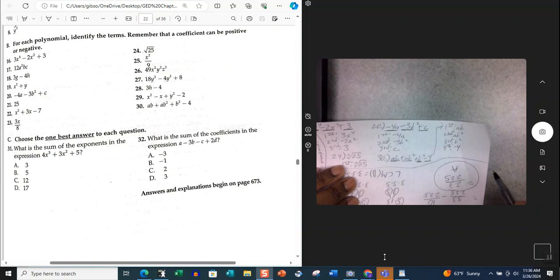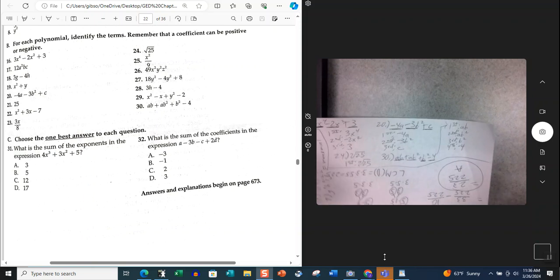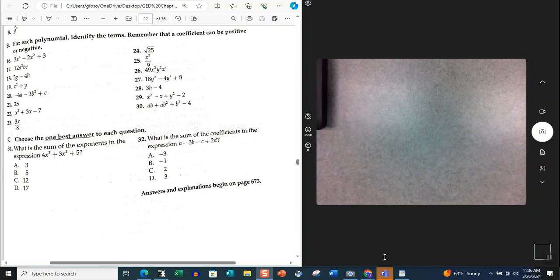Now, we go down here to problem 31. It says, choose the one best answer to each question. What is the sum of the exponents in the expression 4x cubed plus 3x squared plus 5? Now they ask us for the sum of the exponents.